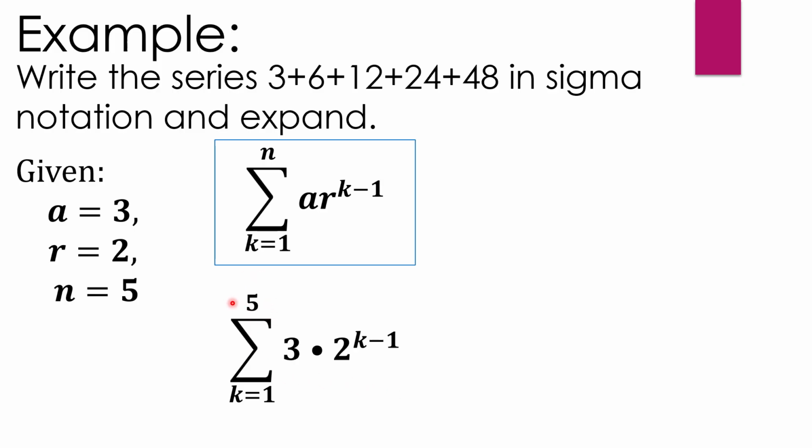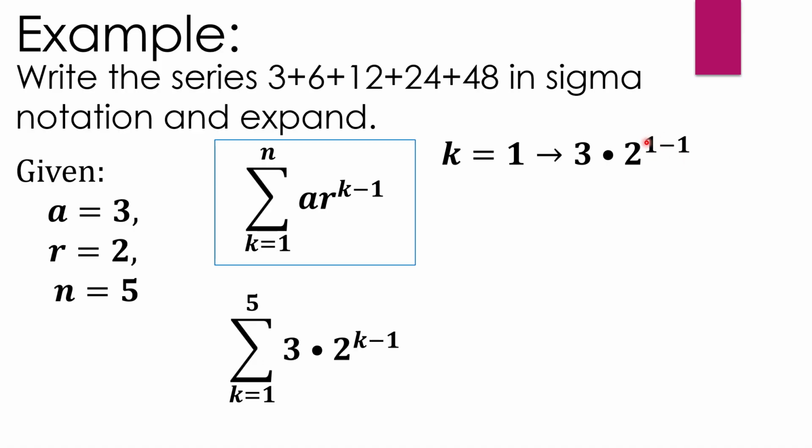Since we already know that our nth term is 5, meaning we're going to get the summation 5 times. So first, k is equal to 1: 3, the first term, 2, the common ratio, and k will be changed into 1 because our k value is 1. Then minus 1, our given. So 1 minus 1 is 0.